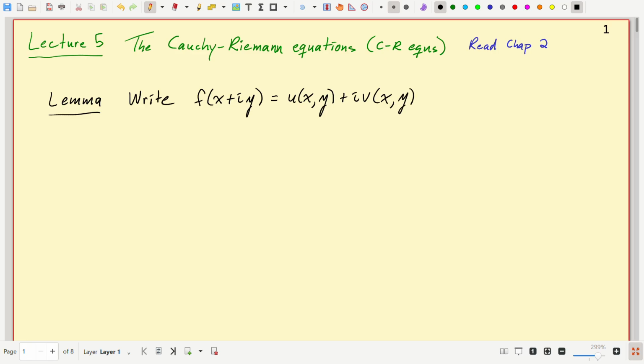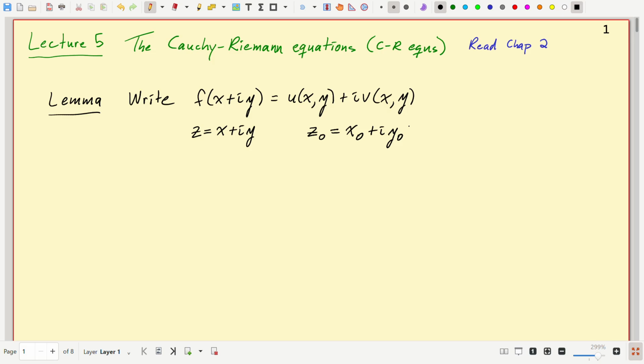And sometimes I'll use z instead of x and y, where z is x plus iy, and we'll be differentiating at a point, and so z naught will be x naught plus i y naught.